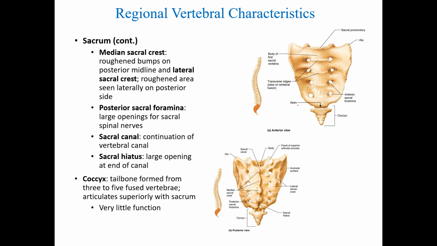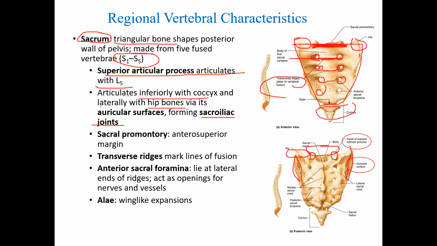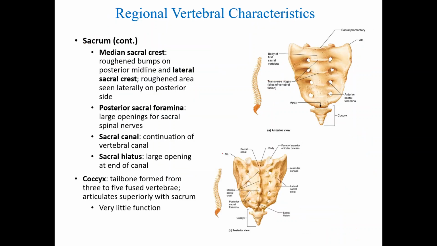Again, as we can recognize the anterior sacral foramina, if we were to look at the bone from a posterior point of view, which is going to be this one, posterior, then we would call them posterior, right? Posterior sacral foramina. It's the same thing, okay? We are just looking at them from a posterior view, okay?